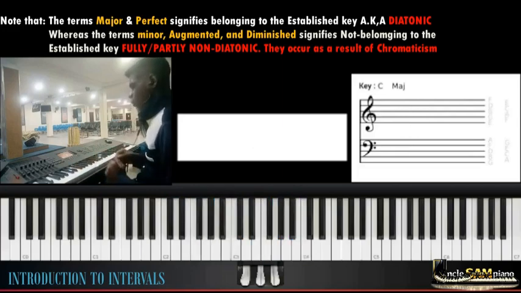So when we hear the word major, we are relating to those notes belonging to the scale, the notes the scale can't do without. When we hear the word minor, we are relating to those notes that we don't usually find in the scale.